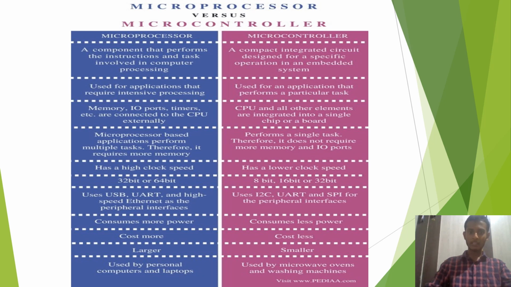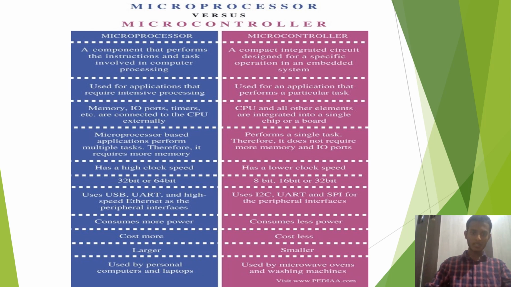Microcontroller, a compact integrated circuit designed for specific operations in embedded systems. Microprocessor is used for applications that require intensive processing. Microcontroller is used for applications that perform particular tasks.